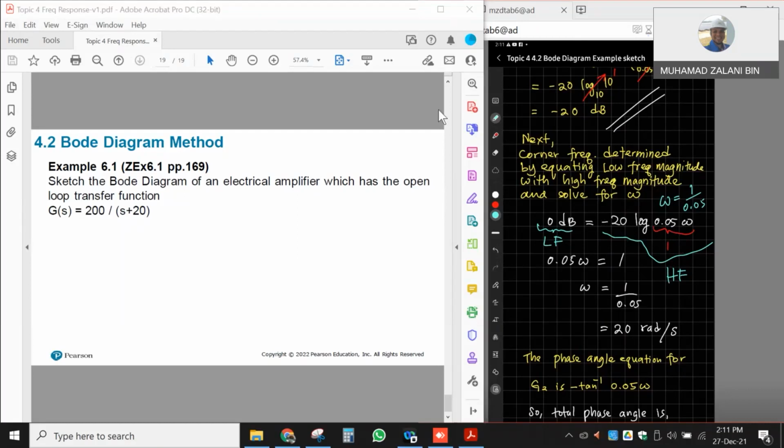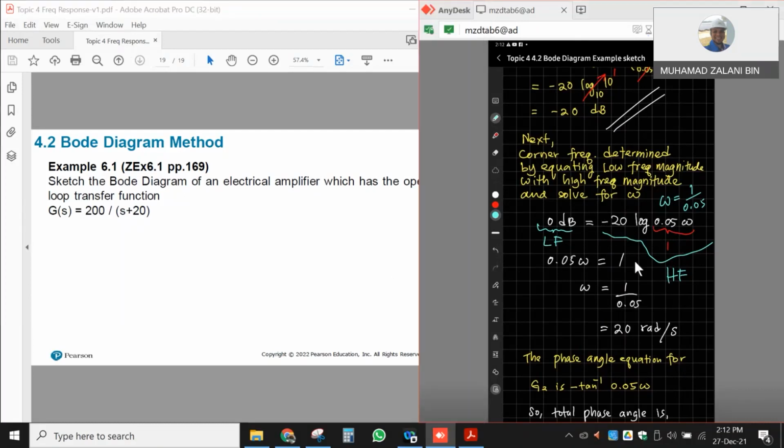To further understand, this is just a shortcut here. Basically, negative 20 log 1 here. Log 1 means log base 10 of 1, so 10 to the power of 0 is 1. So here we have 10 to the power of 0.